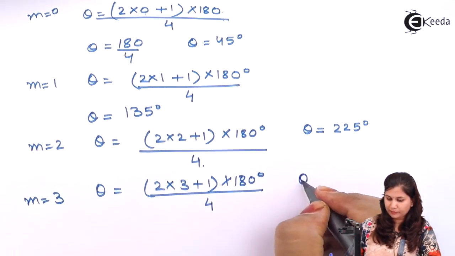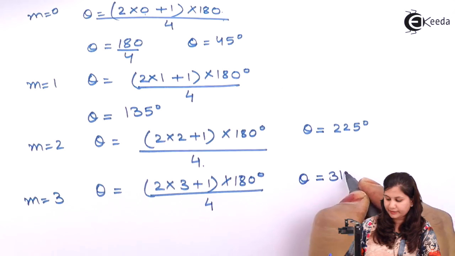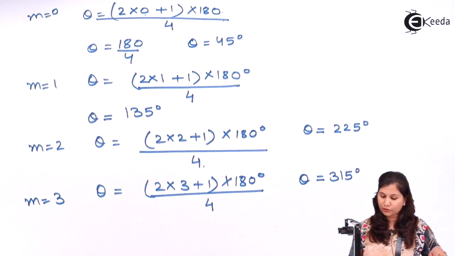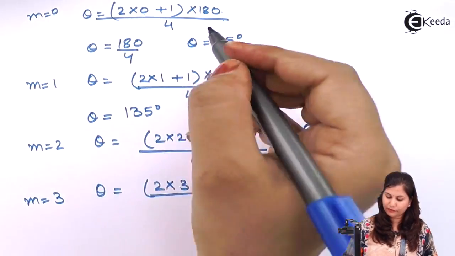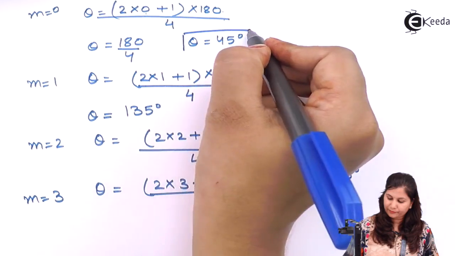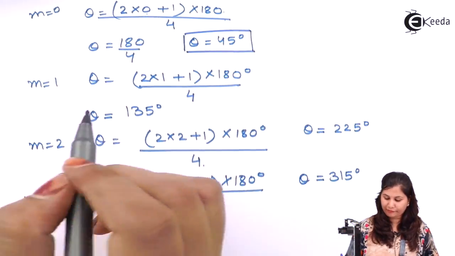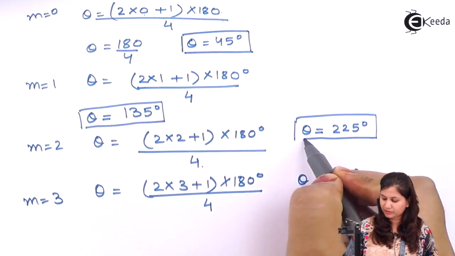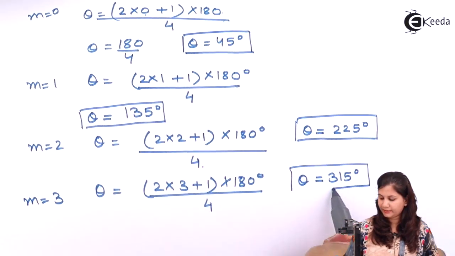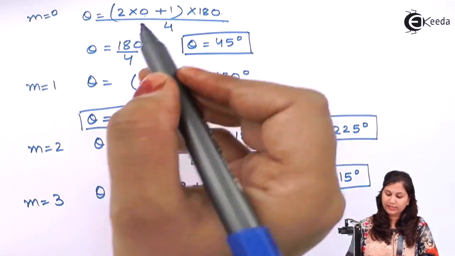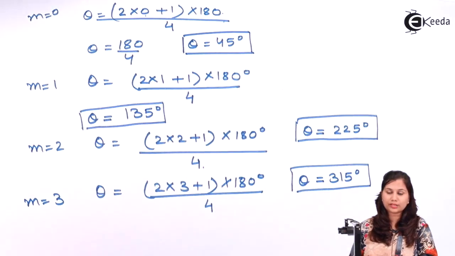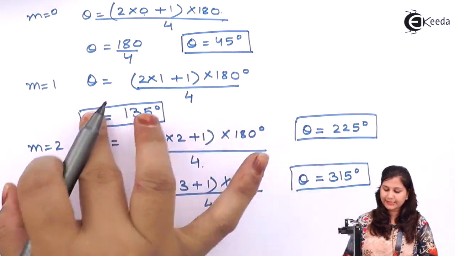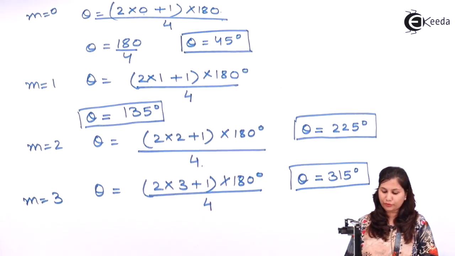So here theta will be 315 degrees. So we have got 4 values of theta: 45, 135, 225 and 315 degrees. These are the 4 asymptotes, and these are the angles of the asymptotes.